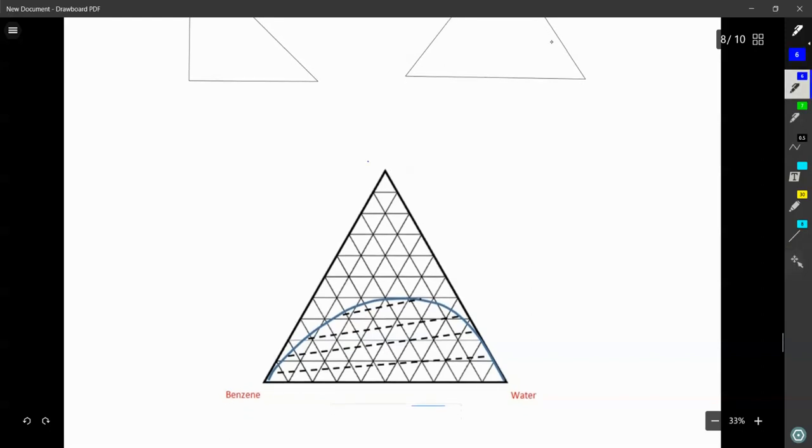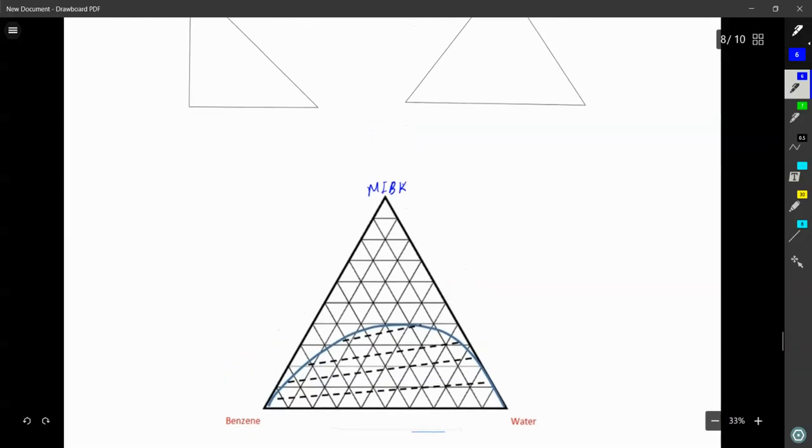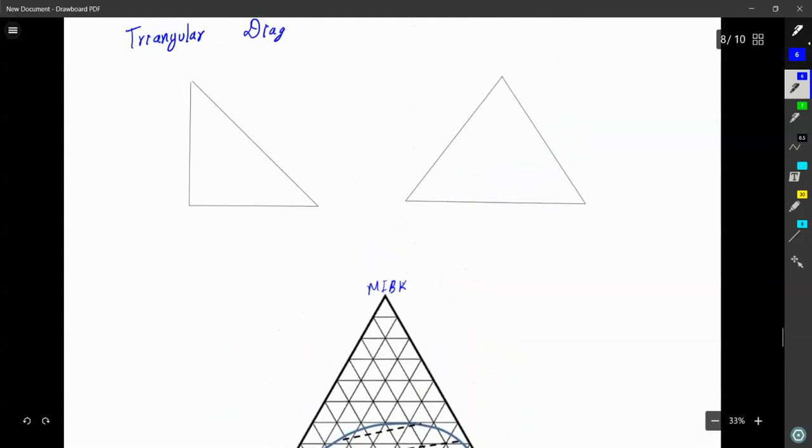Let's say there's some other solvent, let's say MIBK. First thing is, how do you read a triangular diagram? Let's first finish with the right-angle triangle because it's very easy to read. You have A, B, and C, and there are numbers like 0, 0.1, and so on up to 1.